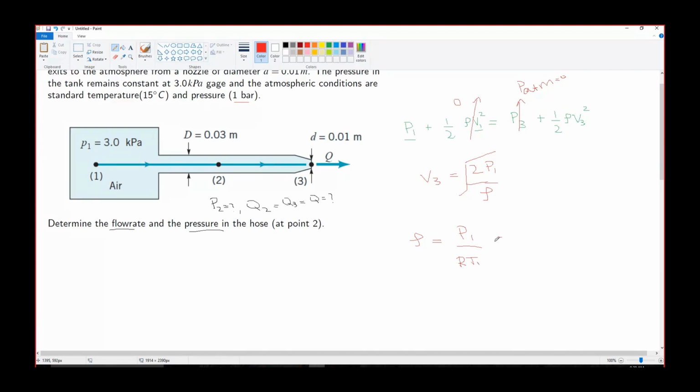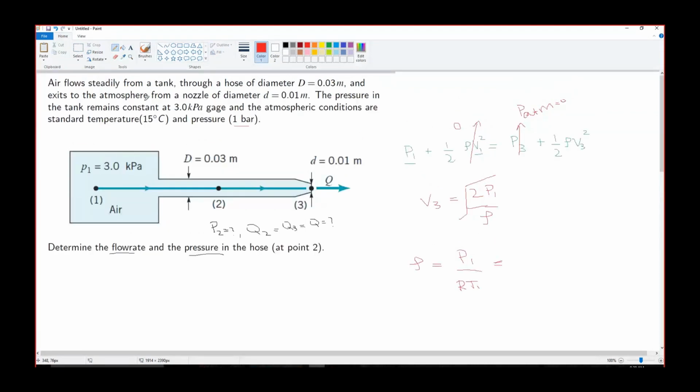P1 is 3 kilopascals, but in this equation P1 should be the absolute value, and 3 kilopascals is the gauge value. So we need to write 3 plus 101 kilopascals to make it the absolute value.